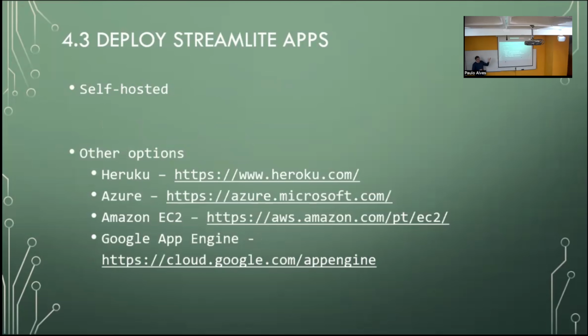So we can self-host on a server, for instance, or use any cloud solution like Heroku, Azure, Amazon, and so on. For instance, Heroku, you can do it for free, so it has a limitation of access, but for most of the operations it's enough, okay?